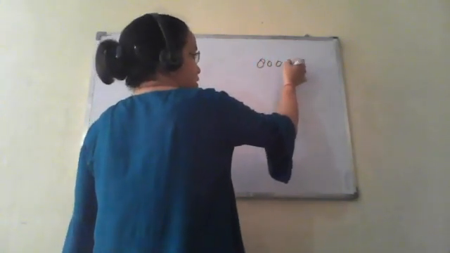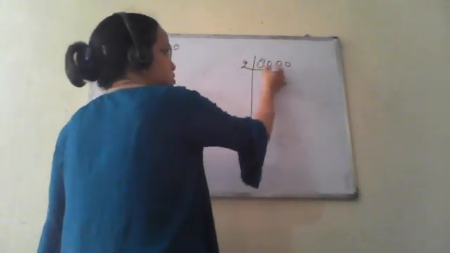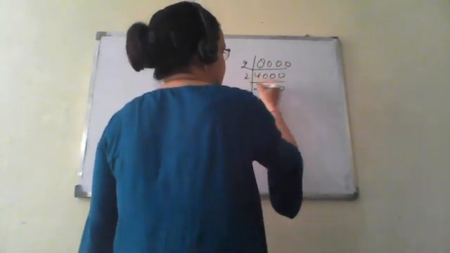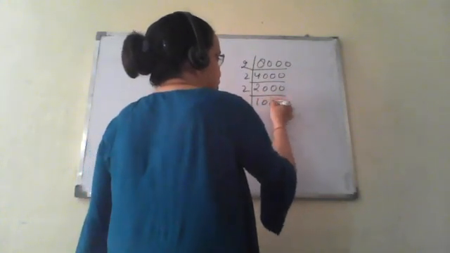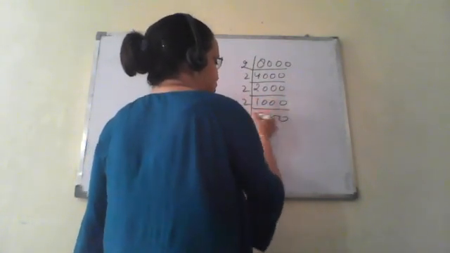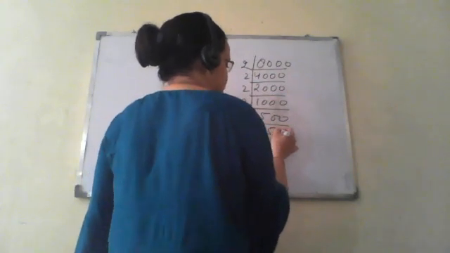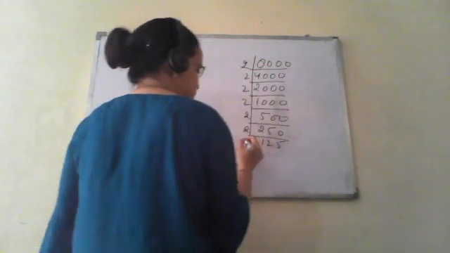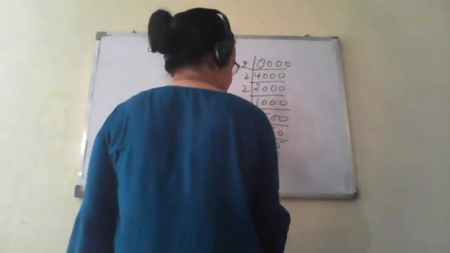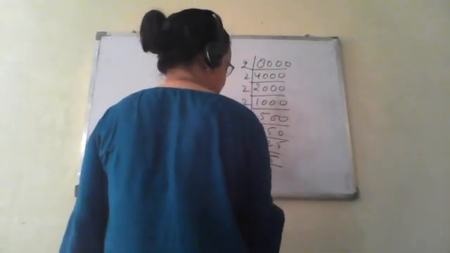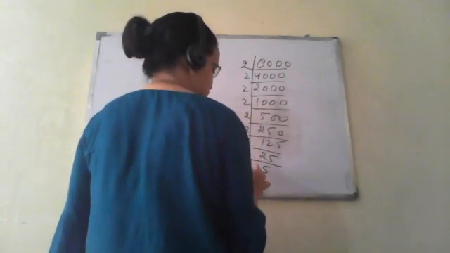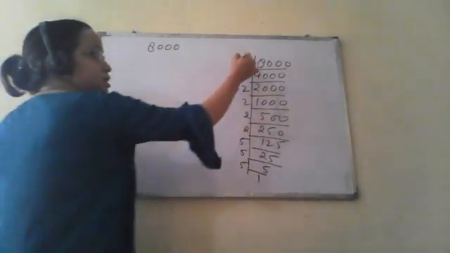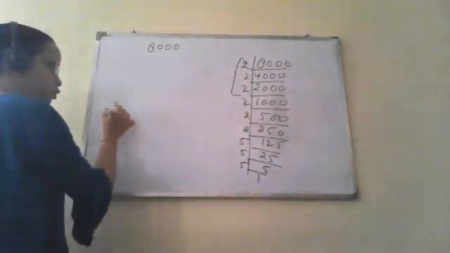So we have to do the prime factors of 8000. This 8000 can be written as, there's a triplet of 2, so we can write 2 cube.